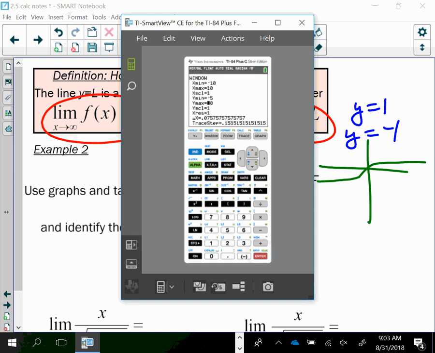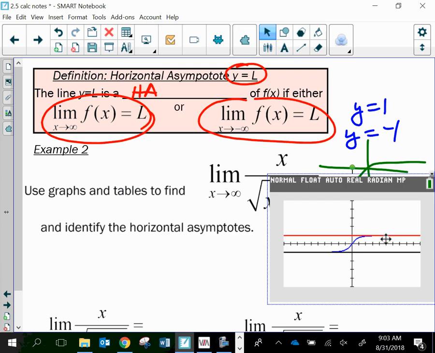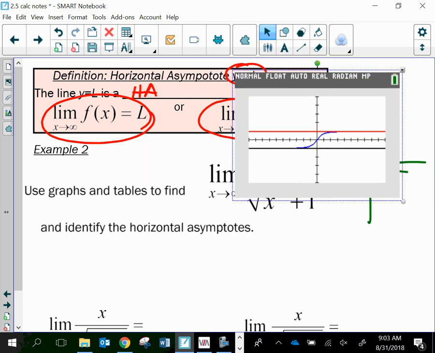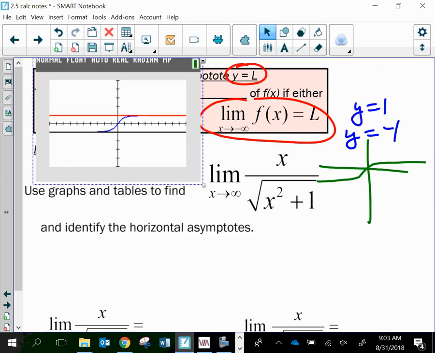So you got a little space in there. And then on your y2, let's do y equals 1 and y3 equals negative 1. And then you can see the actual asymptotes. Okay? Not intercepts. Asymptotes. Okay. So those are, always takes me 2 tries to get that. Those are your horizontal asymptotes.